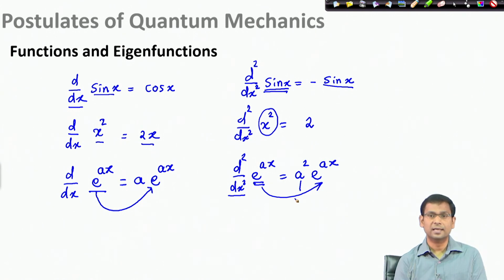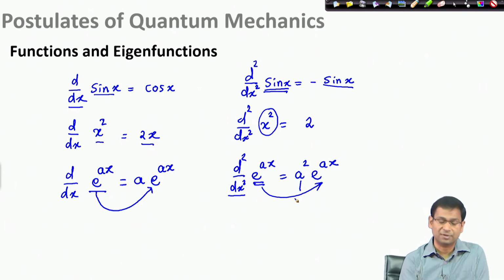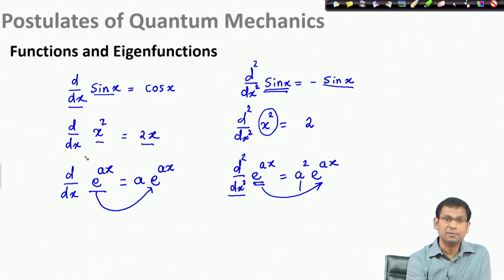So, we see that there are two different types of functions. In the first set of examples, sin x and x square got transformed to a different function, whereas e to the power a x got back the same function after acting with the operator d by dx.